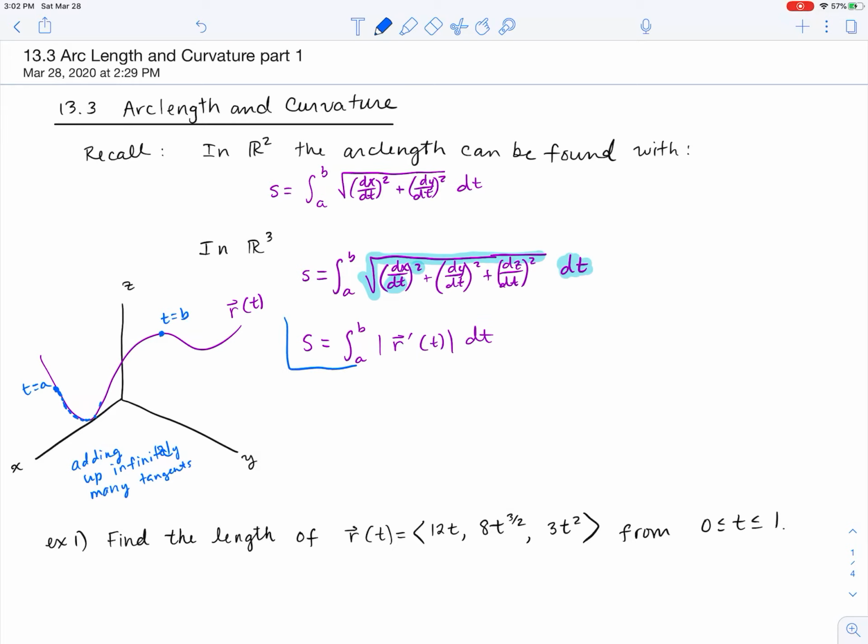Okay, so here is our formula, and let's proceed with an example.